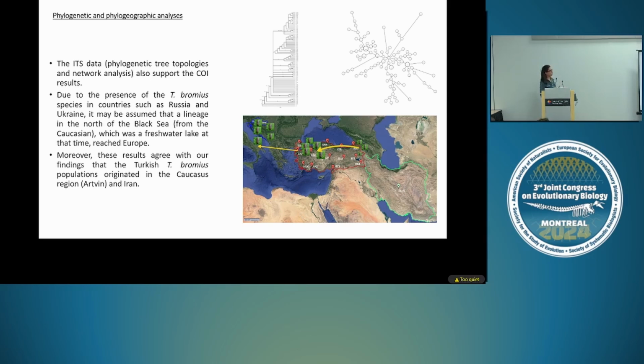Due to the presence of the Tabanus bromeus species in countries such as Russia and Ukraine, it may be assumed that the lineage north of the Black Sea, which was a freshwater lake at that time, reached Europe. Moreover, these results agree with our findings that the Turkish Tabanus bromeus population originated in the Turkish population is Artvin and Iran.